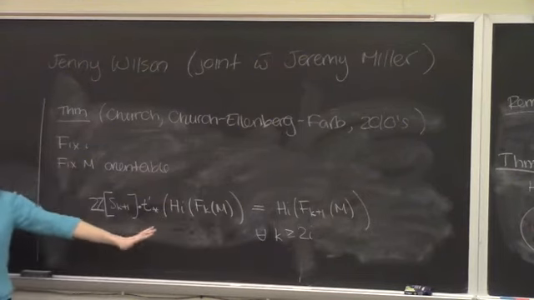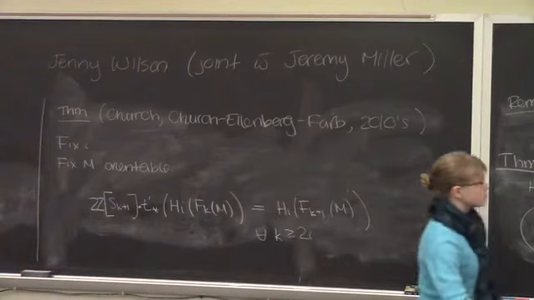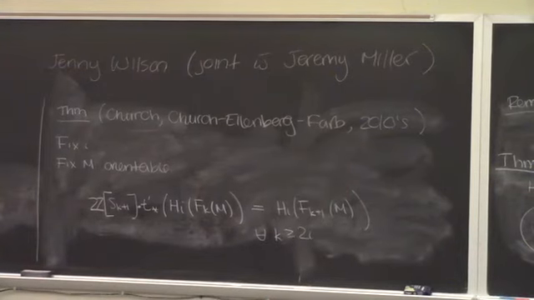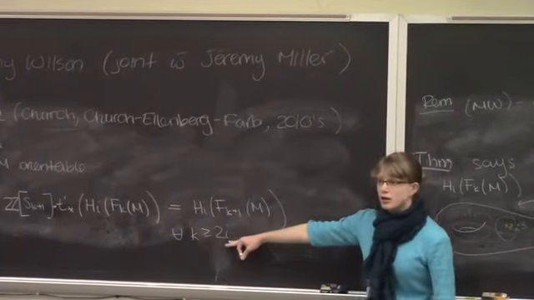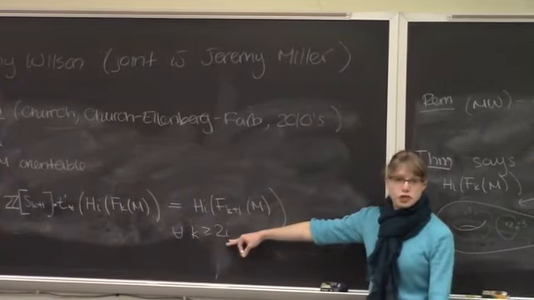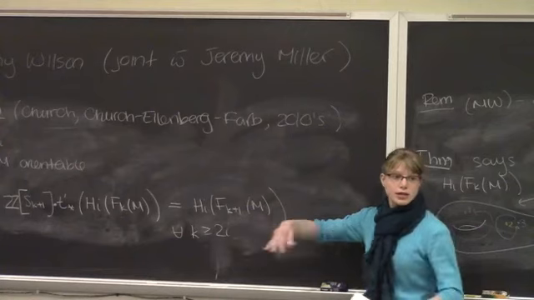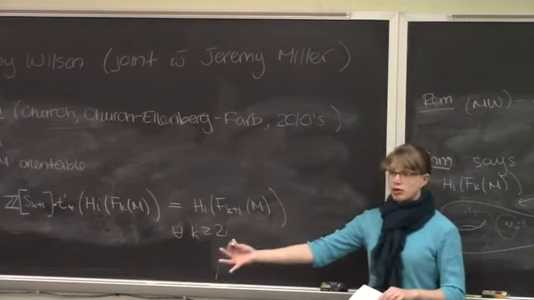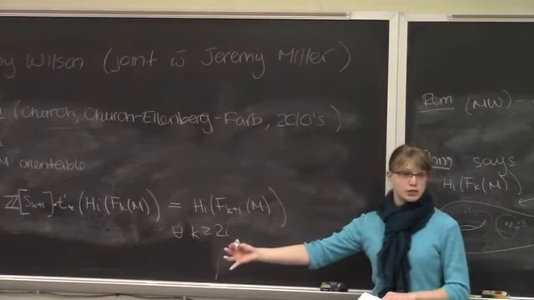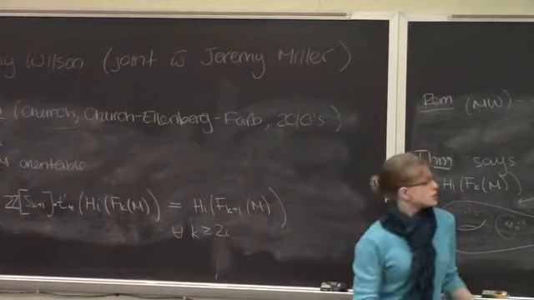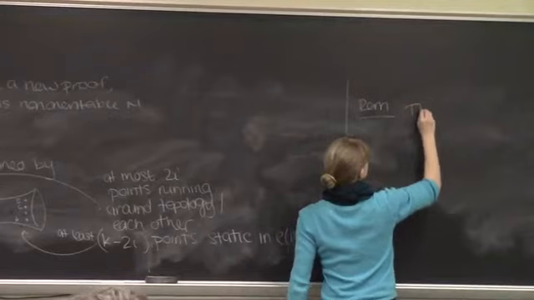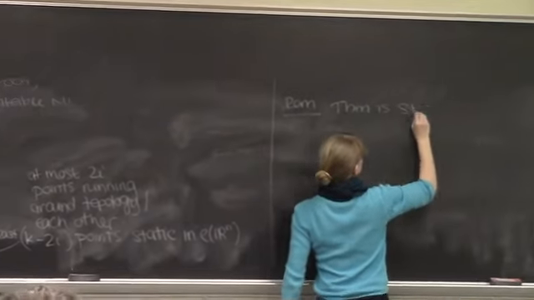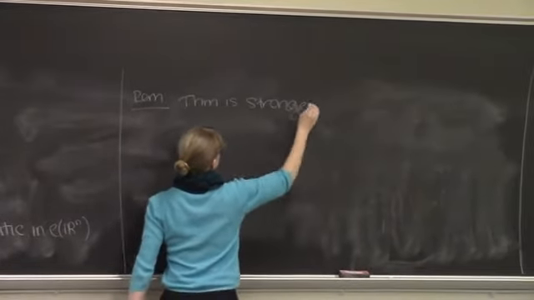But in concrete terms, it means that if you know what the groups are for 1 through 2i points, then there's a very deterministic way that you can build up every subsequent group in the sequence. So this other remark is that the theorem is stronger than what I've stated there.